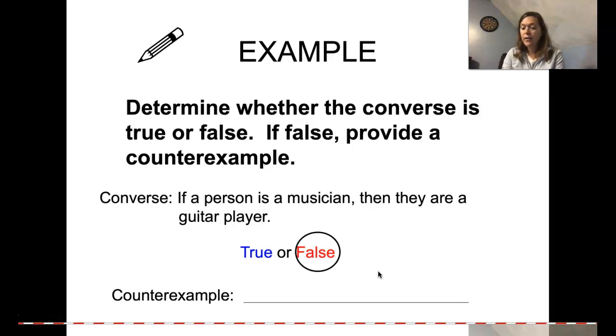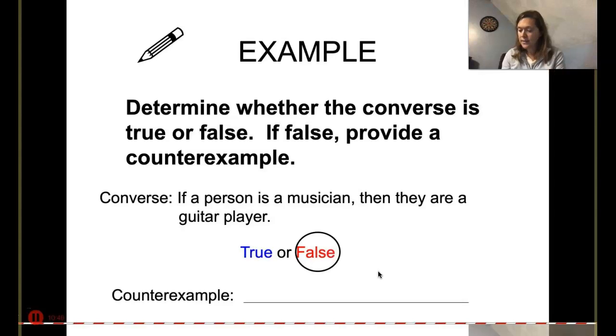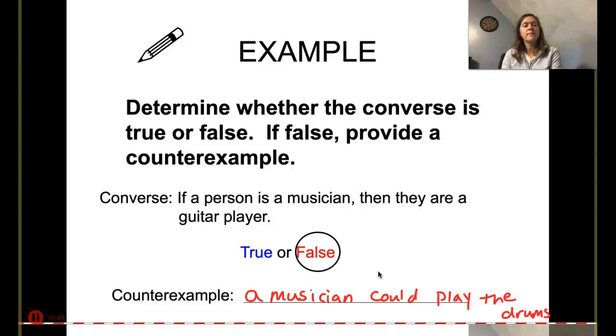So I would write out for my actual answer of the counterexample, a musician could play insert your musical instrument here. I'm going to do drums. Okay, so that would be your counterexample.